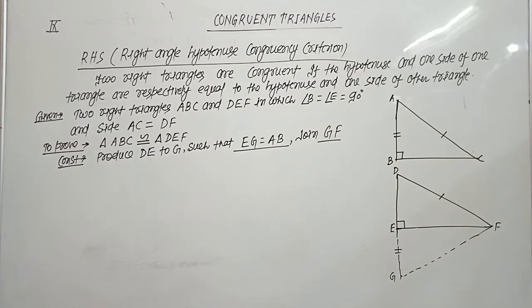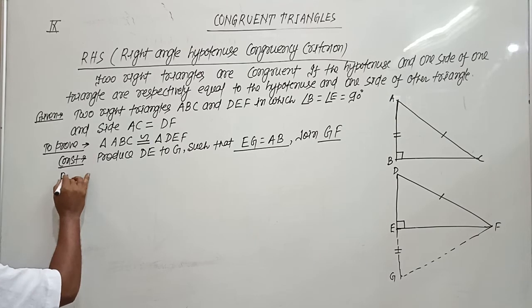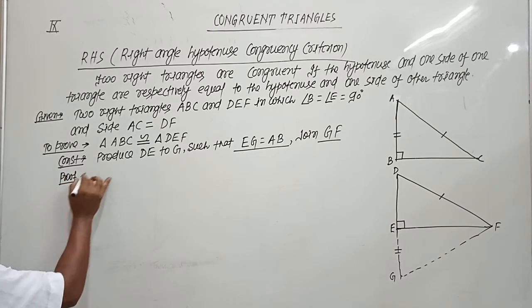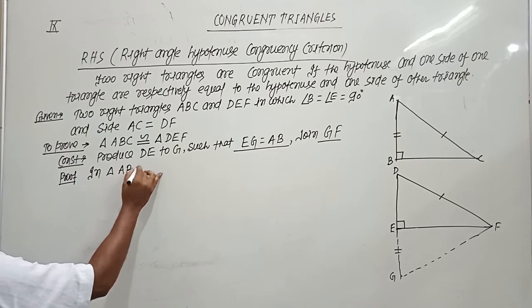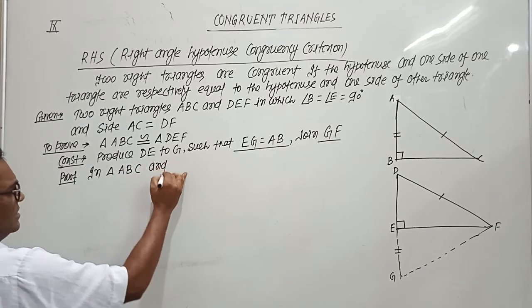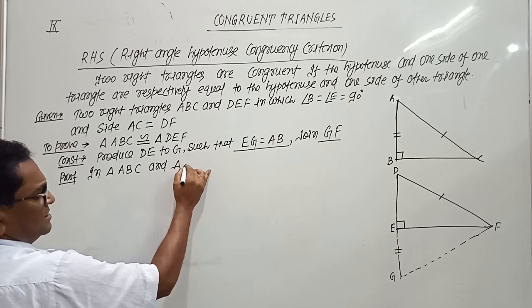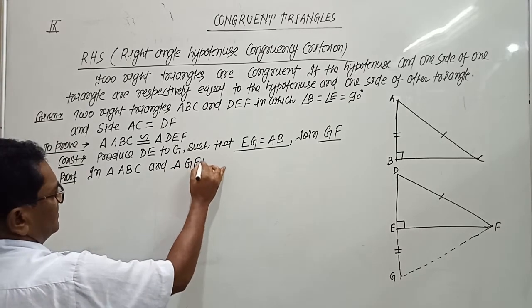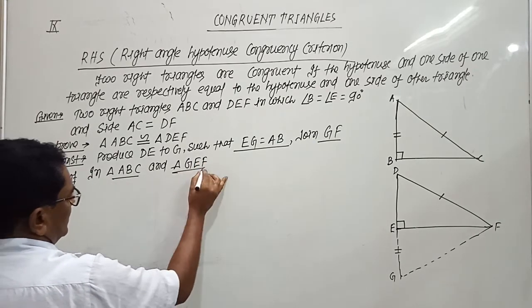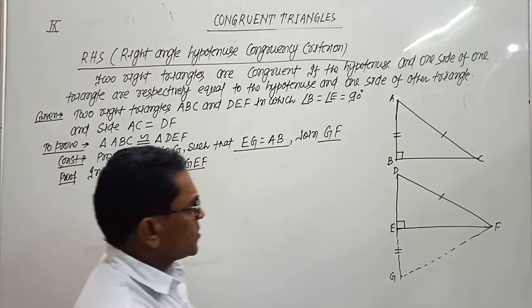Proof: now we take two triangles, triangle ABC and triangle GEF, taking corresponding vertices.